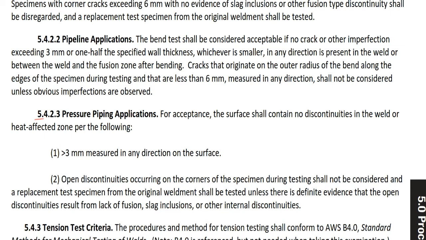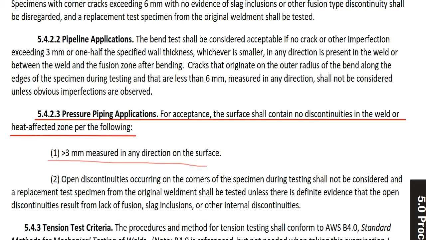5.4.2.3. For acceptance, the surface shall contain no discontinuities in the weld or heat affected zone for the following. Number 1, bigger than 3 mm measured in any direction of the surface.